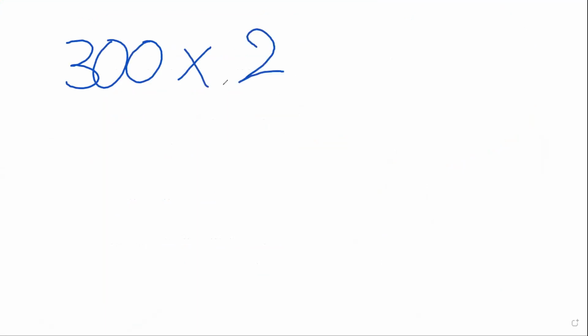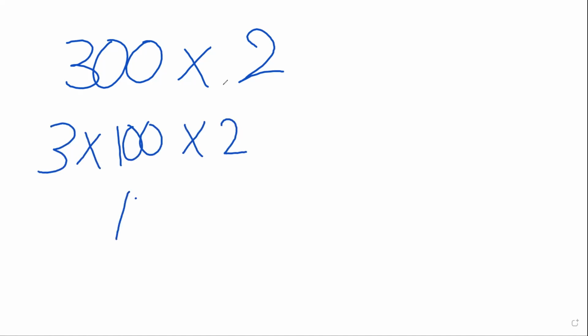You will say 300 is 3 times 100 times 2. And 100 is 10 times 10, so it's written as 10 to the power of 2. Then times 3 times 2.